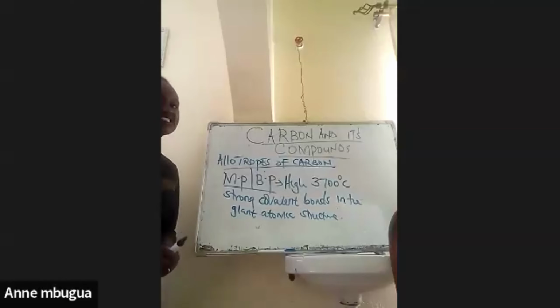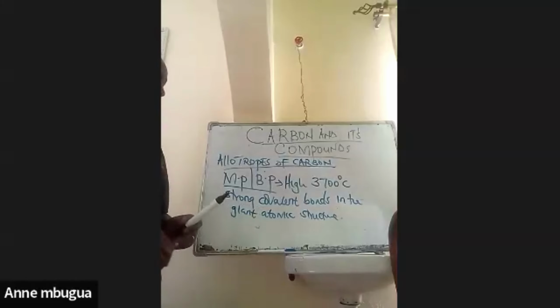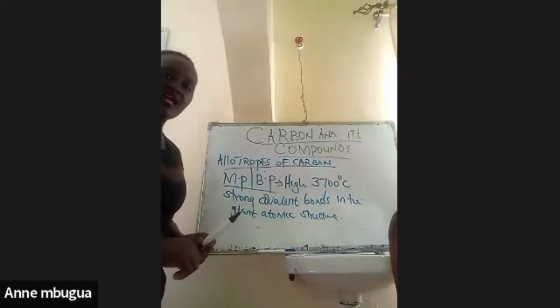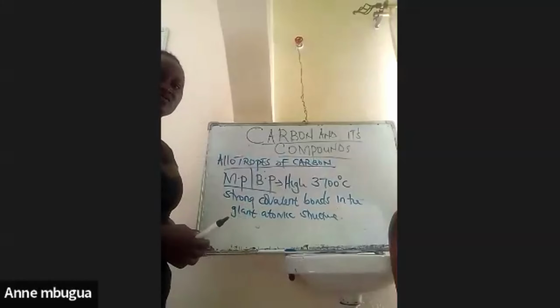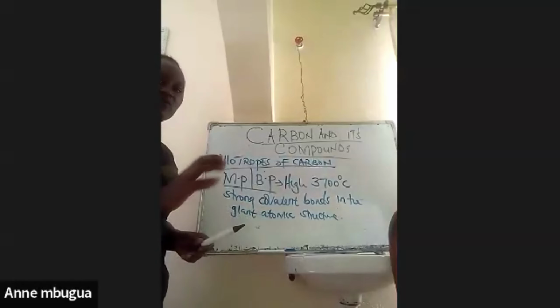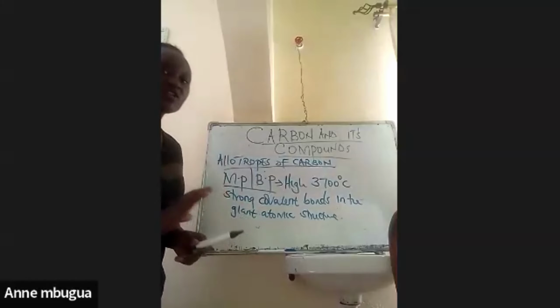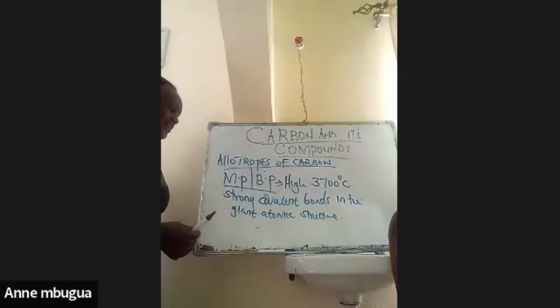When we were discussing structure and bonding, we saw that covalent bonds give rise to two types of structures: the giant atomic structure, or giant covalent structure, and the simple molecular structure. Within the giant atomic structure, we have covalent bonds existing throughout the structure, hence the name.